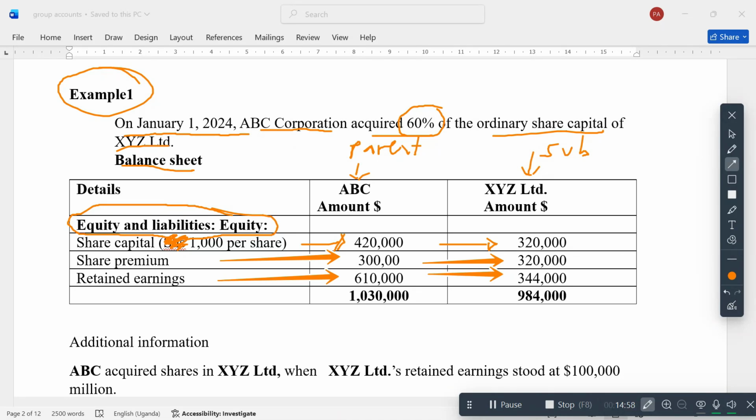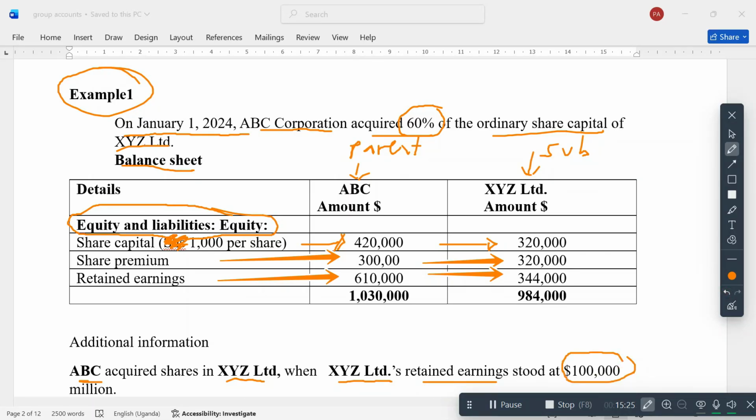Now, additional information. They are telling you ABC acquired shares in XYZ. When XYZ's retained earning, I told you they will give you the retained earning at the date of acquisition. In other words, at the date of acquisition, the retained earning was 100.